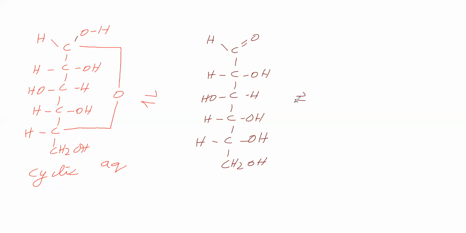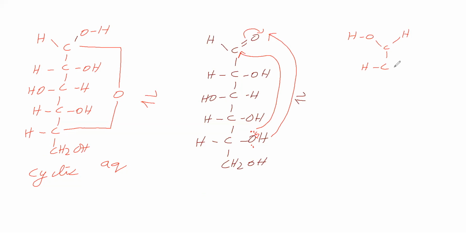Then what happens, you see? This lone pair is attacking this carbon. This bond is shifting here, and this hydrogen goes to this place. So it is becoming like this.